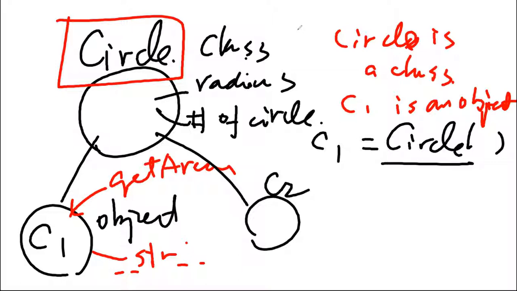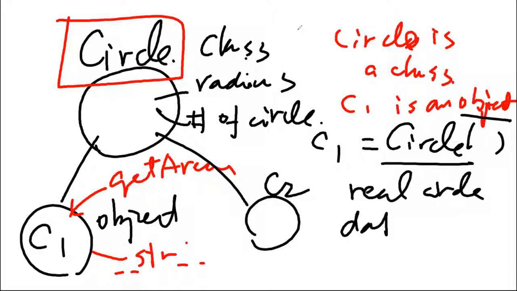So what is an object and what is a class? Isn't Circle the object? No, Circle is class. C1, C2 are objects. So C1, C2 are real circles.